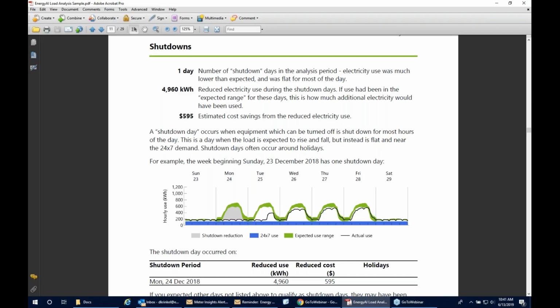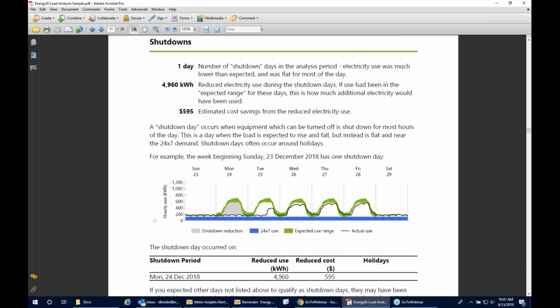So this would typically be holidays or maintenance periods. And as one of our clients put it, this is the dog that didn't bark. What's often of most value is what does not show up in this section.